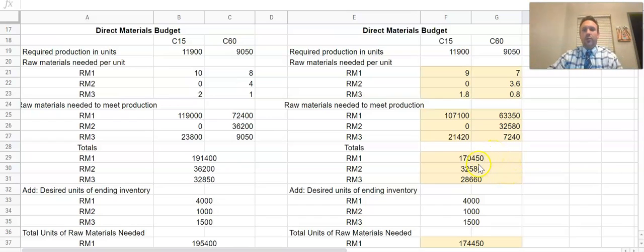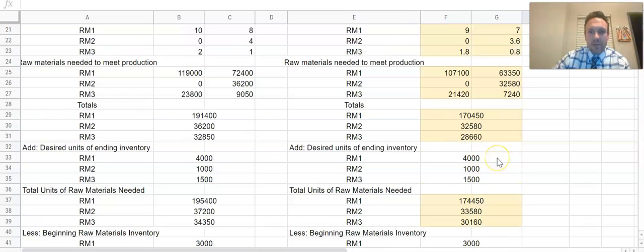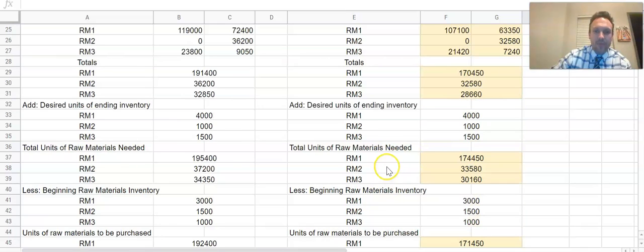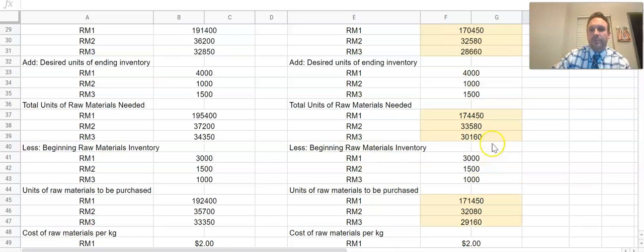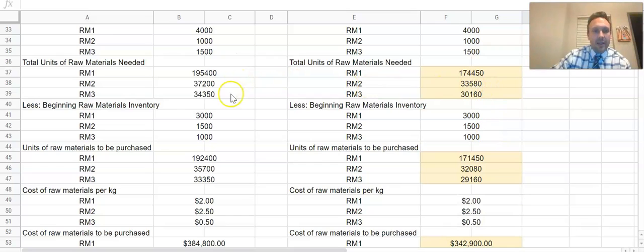So you'll see the new totals indicated here of the raw materials needed to meet production. The desired units of ending inventory will remain the same. So we have a new total units of raw material needed as follows. Each are less than what we had previously calculated with the new figures.